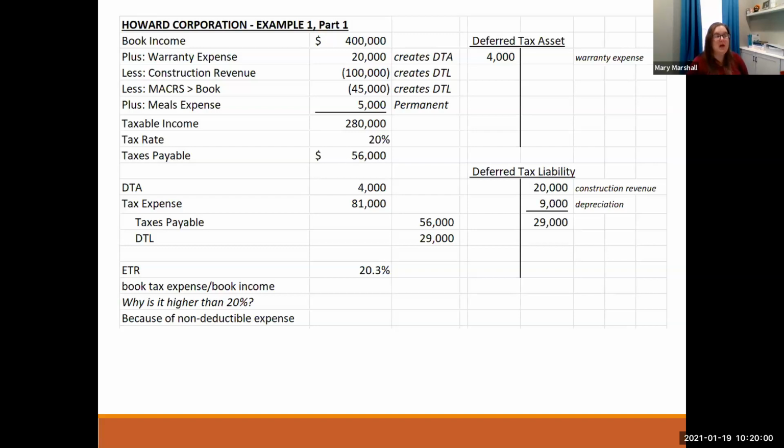So this one only had one non-deductible expense, and so it was really easy to see where that 0.3% came from. In the notes to the financial statements, you have to reconcile from the statutory rate, and then each thing that deviated from that to arrive at a reconciled effective tax rate.